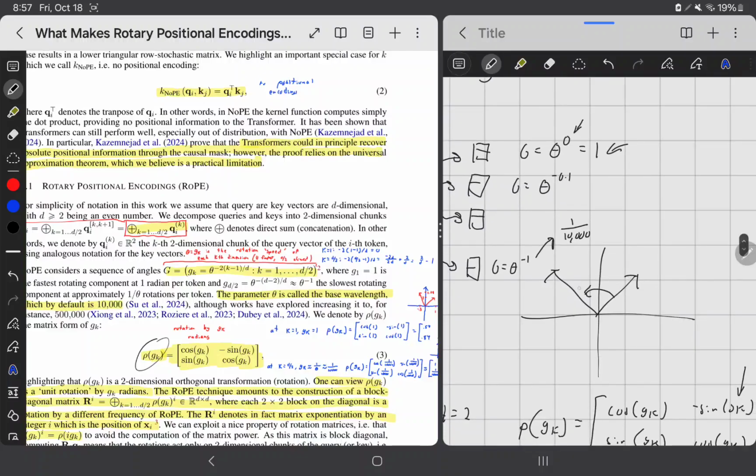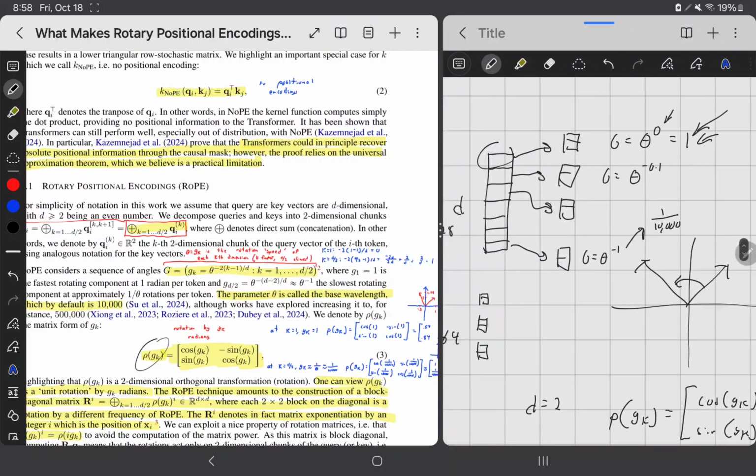The vector after rotating by 1 radian is not going to be that close to the initial vector. And you have 1 over 10,000, which is basically no rotation at all. You rotate by 1 over 10,000 radians, that's like no rotation. So this is what you do.